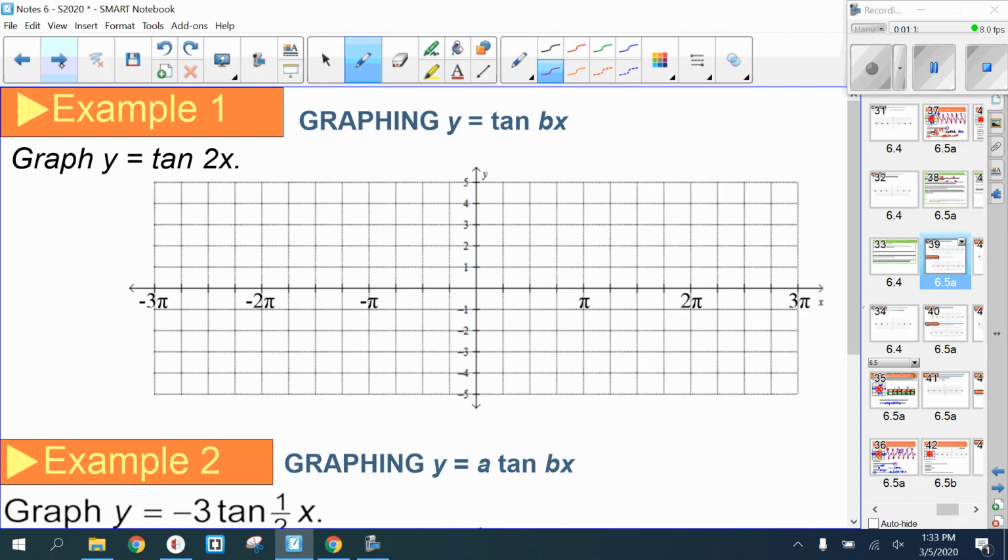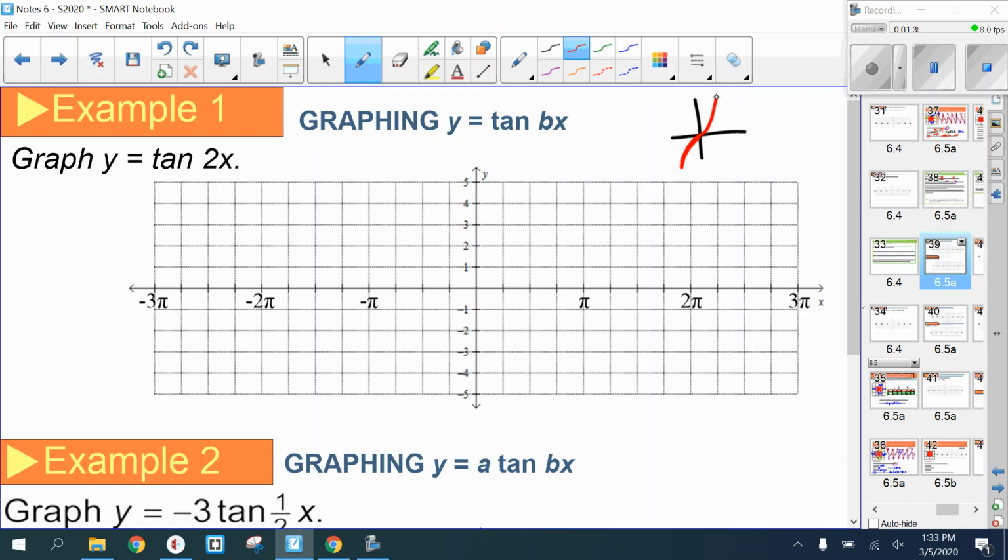Okay, example 1 is a tangent. So I think the best thing that you can do is understand that it's going to look like that before you even start. Okay, now that's not very accurate because I don't know how tall it is or how wide it is. But if you've got that thing memorized where you know a tangent function is going to be centered at the origin and it's going to be increasing, then you've got a huge advantage and a huge head start.